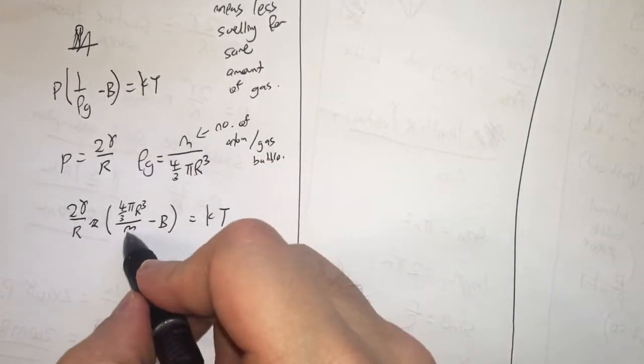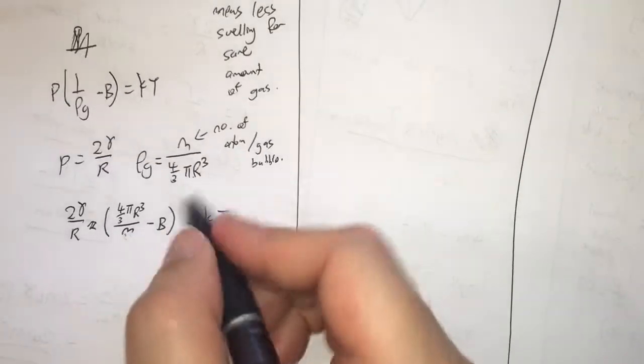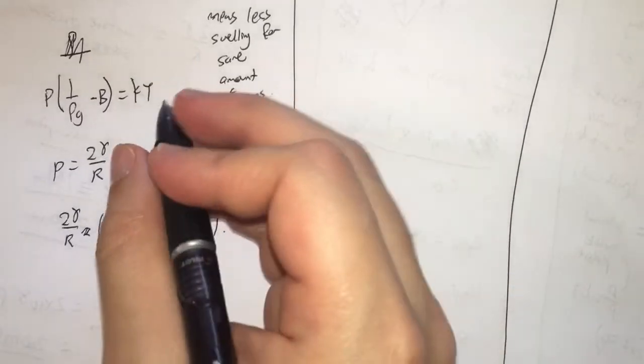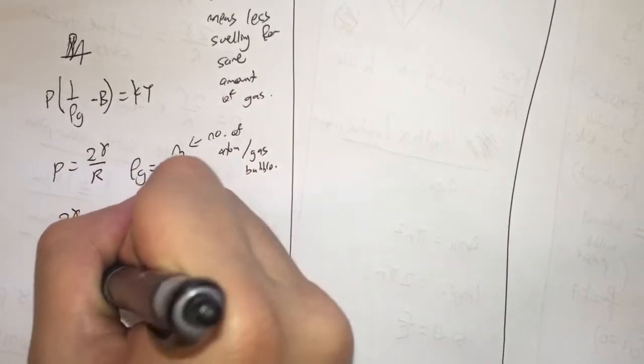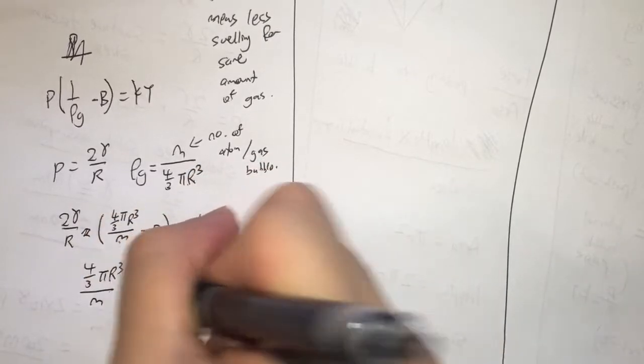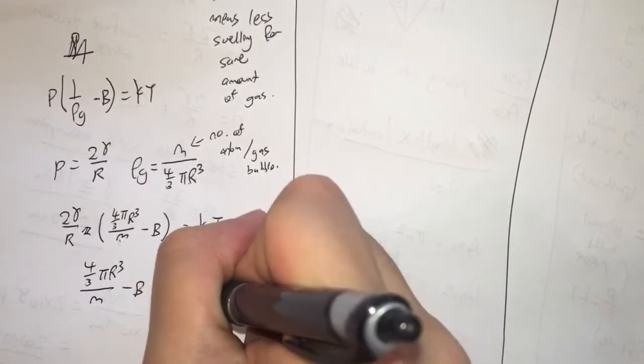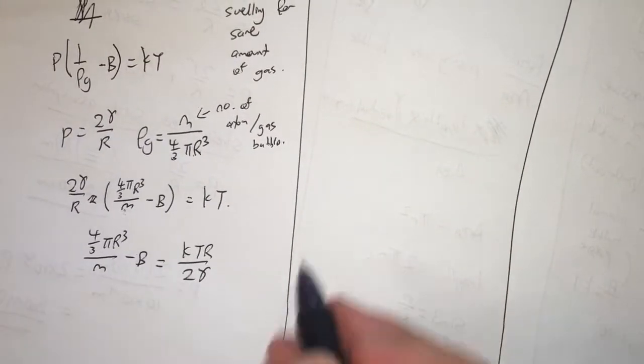We want to get this M as our subject. So let's switch things around a bit. So we have a kTR over 2 gamma. Bring this B to the other side.